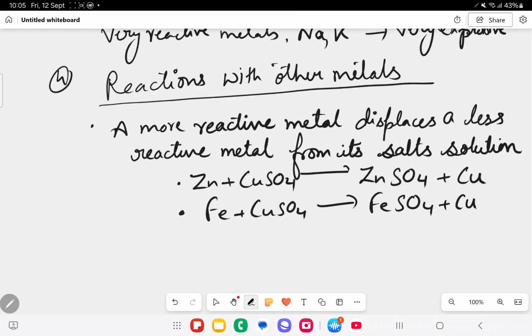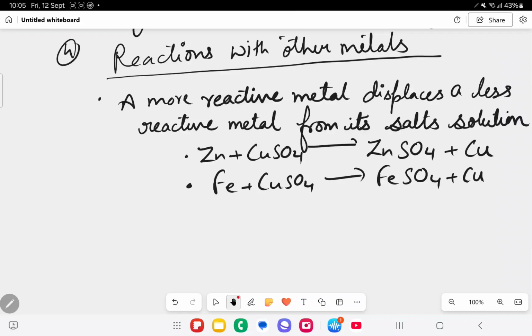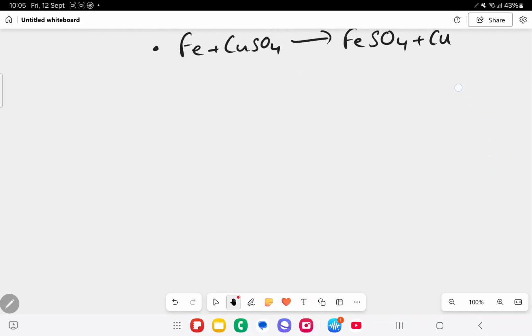This is the basis of the reactivity series and is also used in extraction of metals, metallurgy. Here we have to remember that the higher metal in the reactivity series will displace the lower one. So these were the chemical properties of metals.